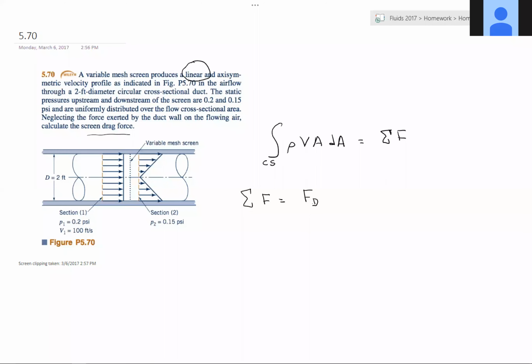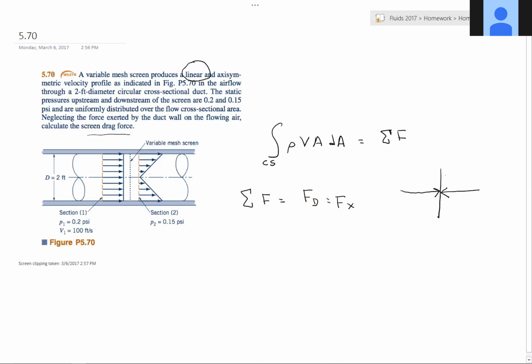There's pressure. All right. So this F sub x, I'm going to call it this drag force. Okay. So we have pressure at 1 and pressure at 2. So let's start with the pressure going into the mesh and then out of the mesh. Okay? So here we have our surface. And so the pressure going into the mesh is on that surface. The pressure out of the mesh is like that.